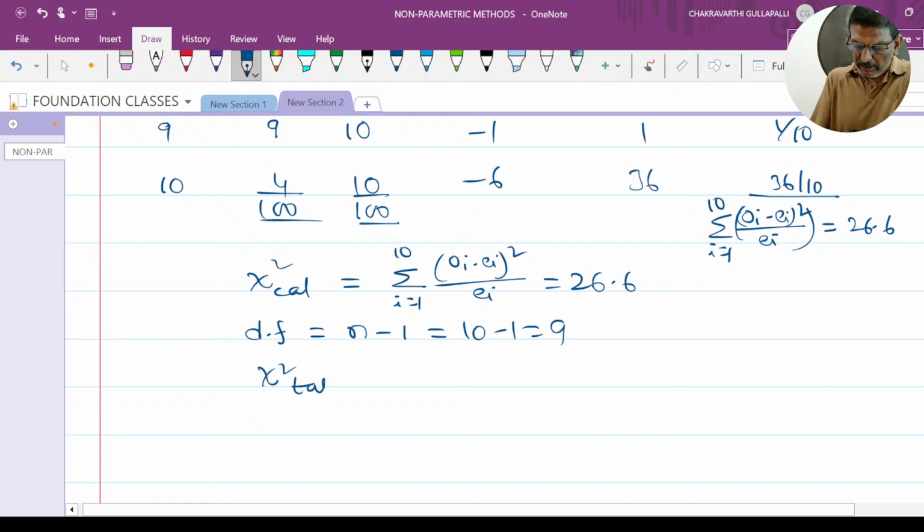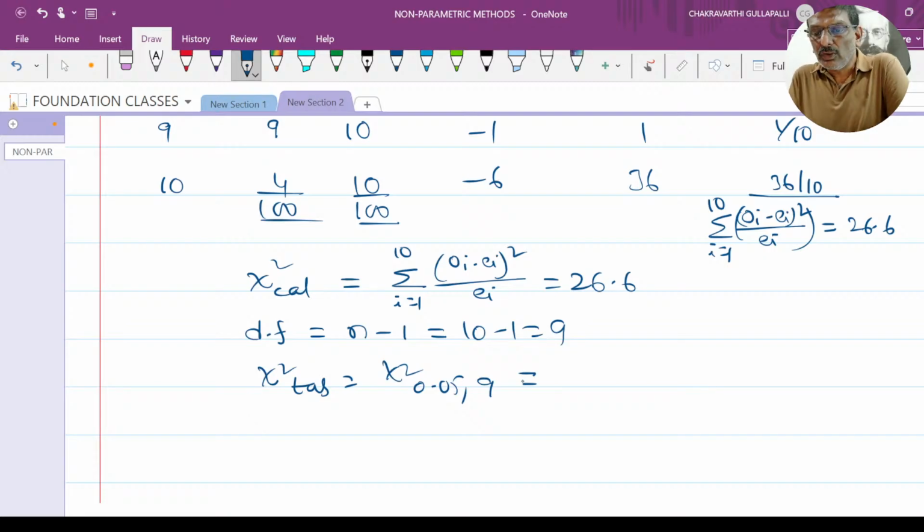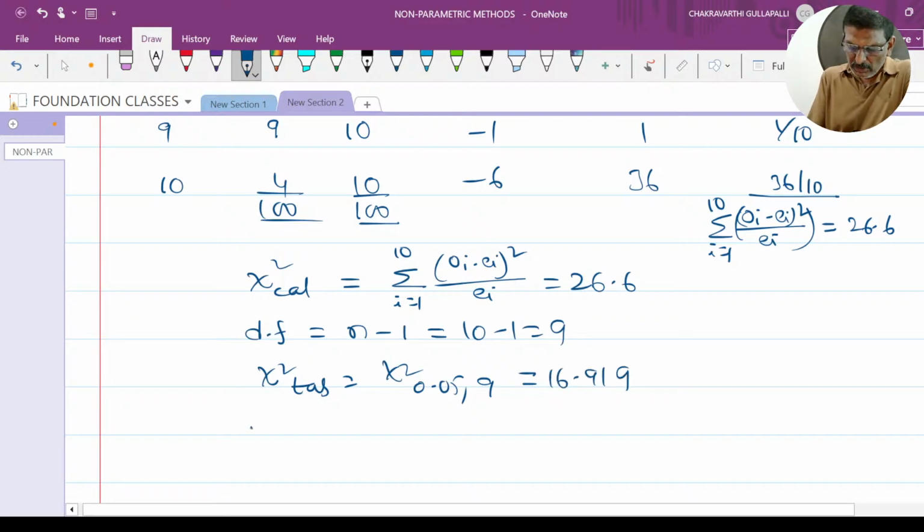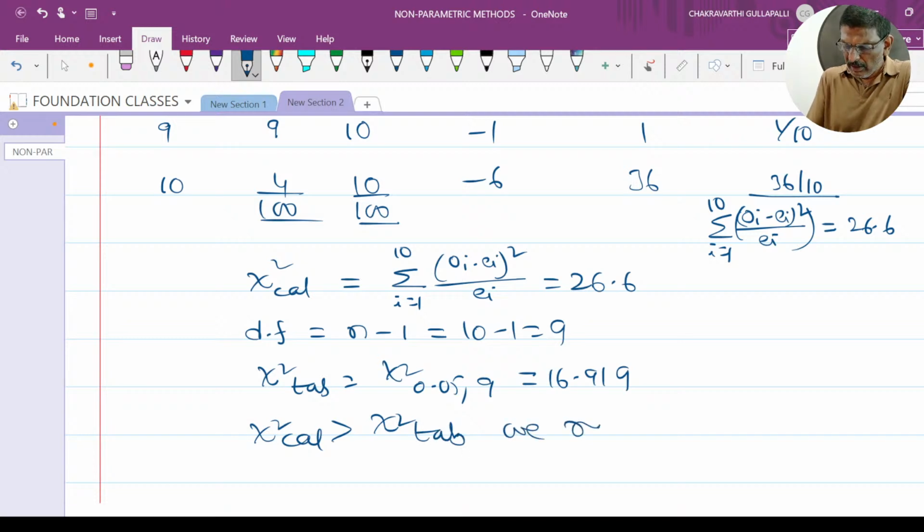Chi-square table value, chi-square 0.05 at 9 degrees of freedom: go through the table values. The table value is 16.919. So the chi-square calculation is more than the chi-square table value. We reject H0.